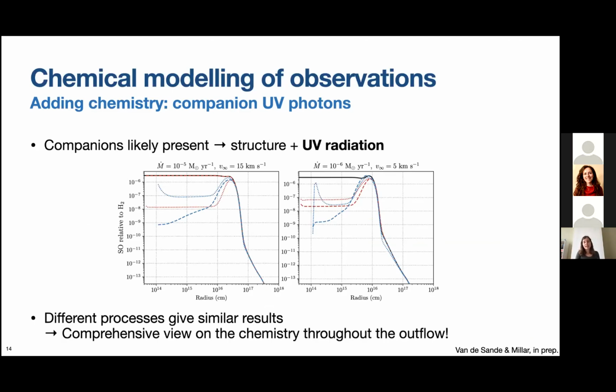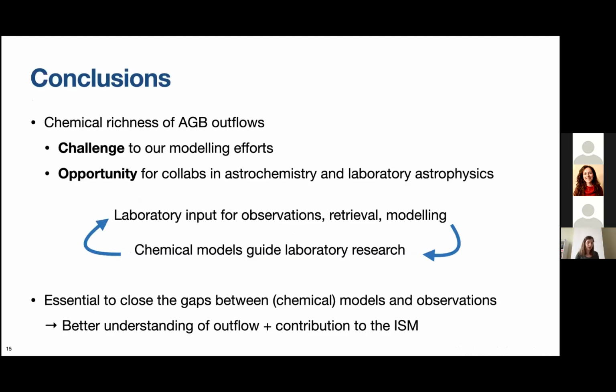And in order to differentiate between the processes, we will need a comprehensive view on the chemistry throughout the outflow. So not just study one molecule, but study as many molecules as possible, because different species will react differently. To conclude, AGB outflows are rich astrochemical laboratories, and their chemical richness is definitely a challenge to our modeling efforts, but it's also an opportunity for collaborations within astrochemistry and within laboratory astrophysics.